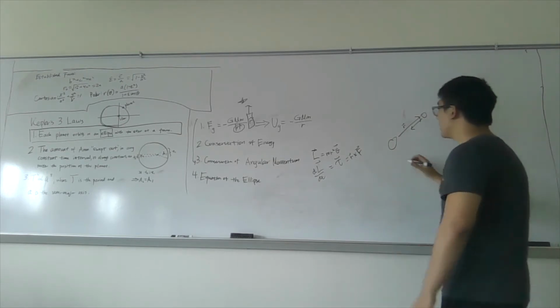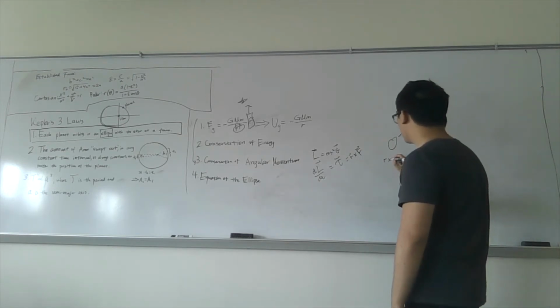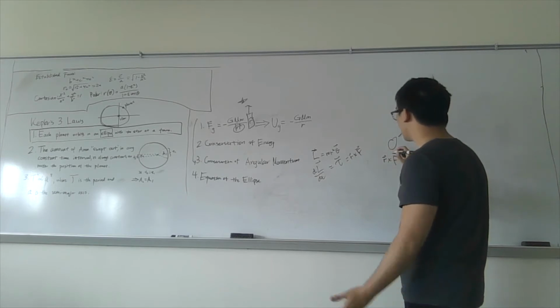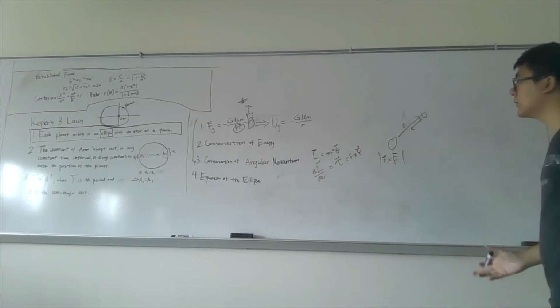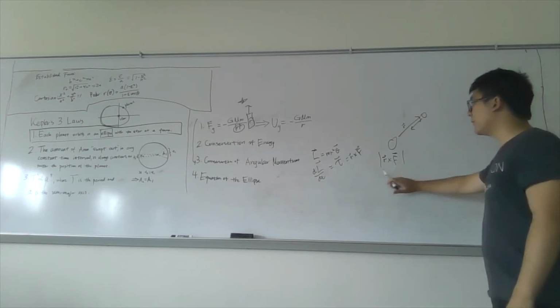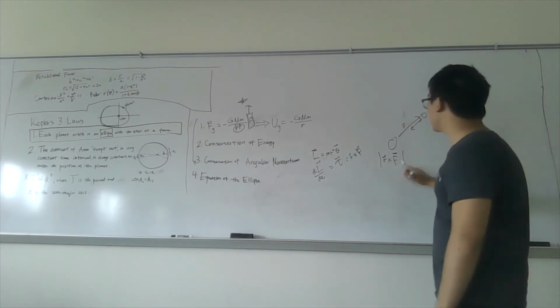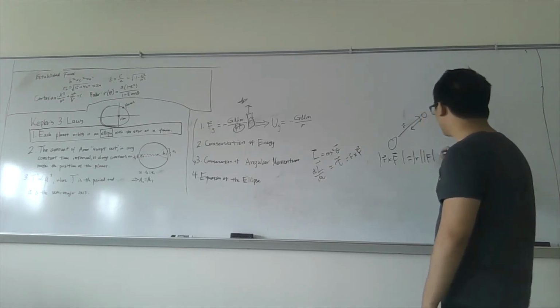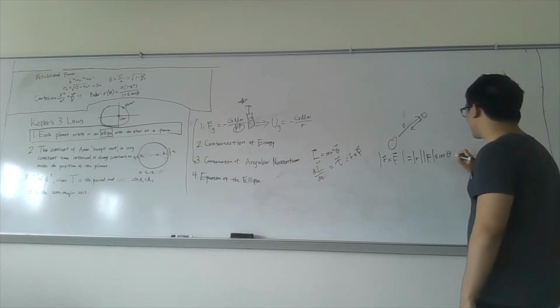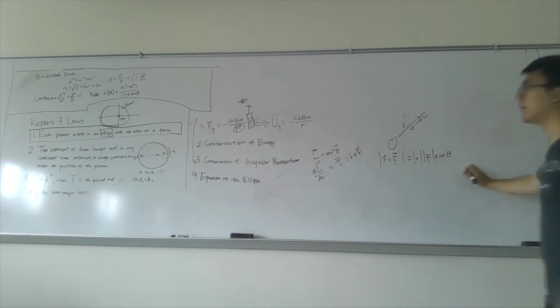And we know that the magnitude of the cross product of any two values, in this case the position vector and our force vector, is equal to the magnitude of each vector multiplied to each other times the sine of the angle between the two vectors.